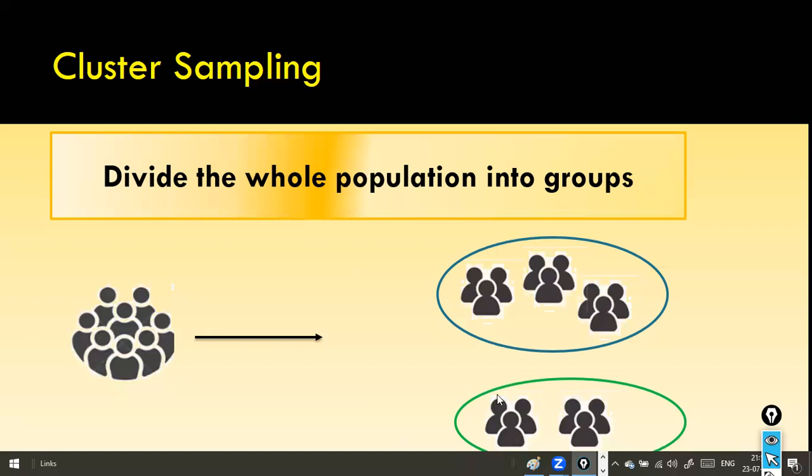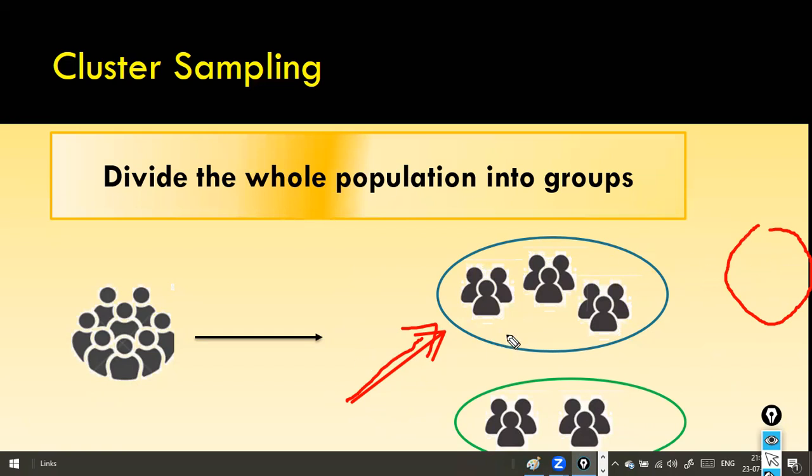So in this case, we have one more cluster: these people are from Aryapuram, these students from Besant Nagar, Adyar. It's not an individual school; it's a group of schools in Besant Nagar, a group of schools in Adyar, a group of schools in Mandaveli. You divide the entire population into groups and randomly select one cluster. These groups are nothing but clusters.